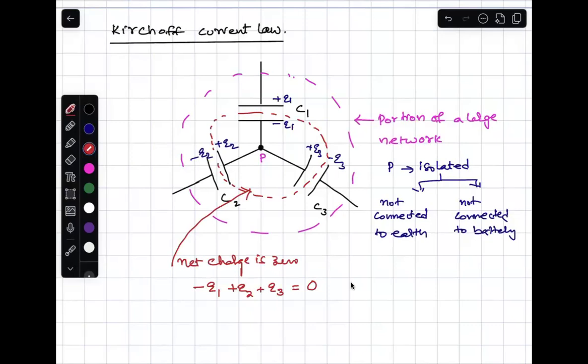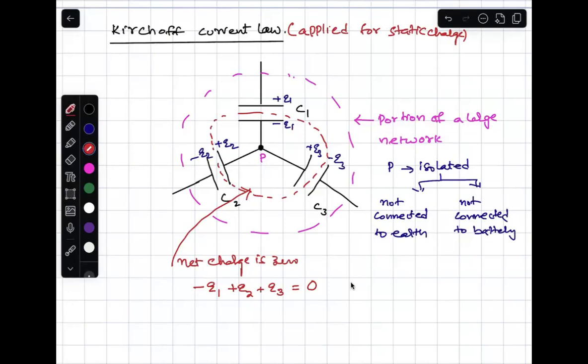That is a current law applying for static charge. Any student having doubt on this, please ask. This is Kirchhoff current law. So you will use this as a tool to solve some circuits.